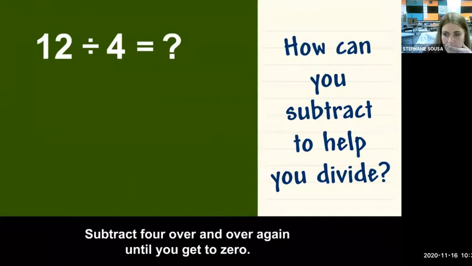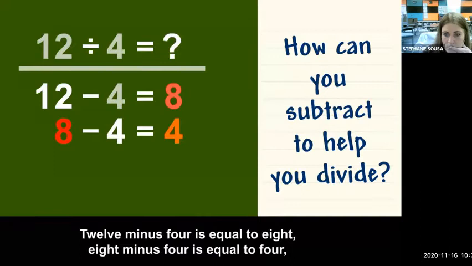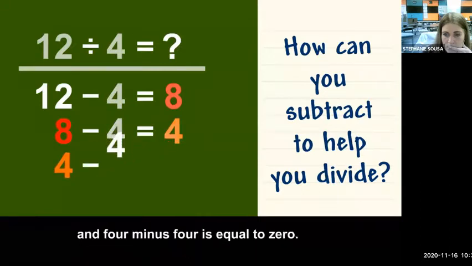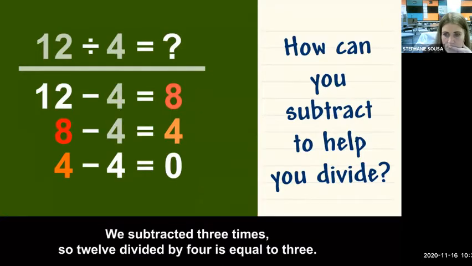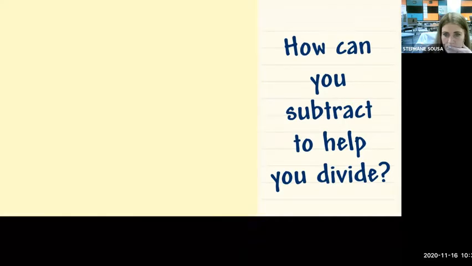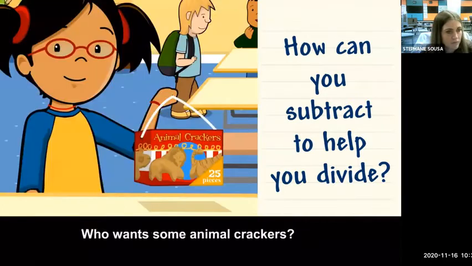Subtract 4 over and over again until you get to 0. 12 minus 4 is equal to 8. 8 minus 4 is equal to 4, and 4 minus 4 is equal to 0. We subtracted 3 times, so 12 divided by 4 is equal to 3. Each person gets 3 pretzels. Who wants some animal crackers?